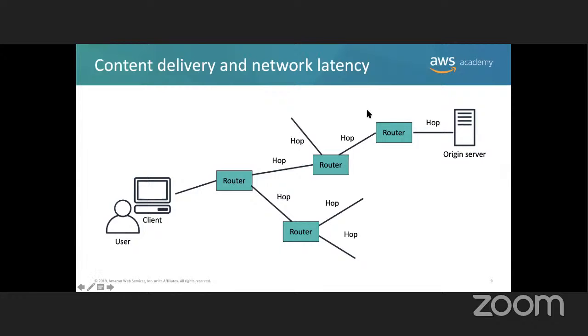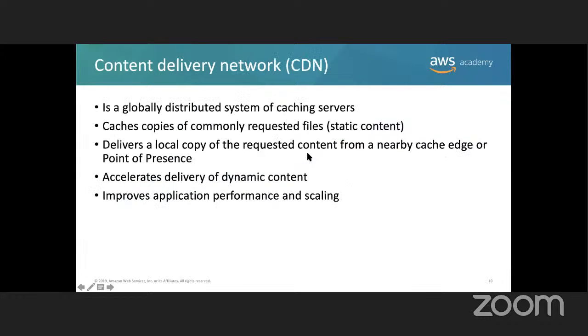So this is where CloudFront comes in. CloudFront is the CDN of AWS. It's the content delivery network. It's a global content delivery network, a globally distributed system of caching servers. It uses edge locations, and the edge locations are data centers.